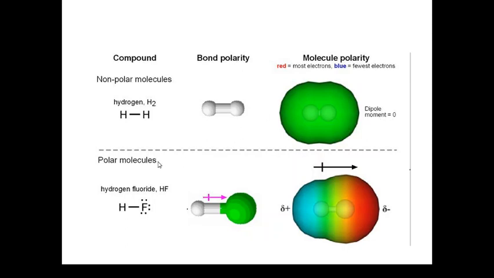In polar molecules, we can see that there is actually a dipole moment, or movement of the electrons. The electrons are going from the hydrogen to the fluorine. Fluorine has the largest electronegativity, hydrogen a much lower electronegativity.